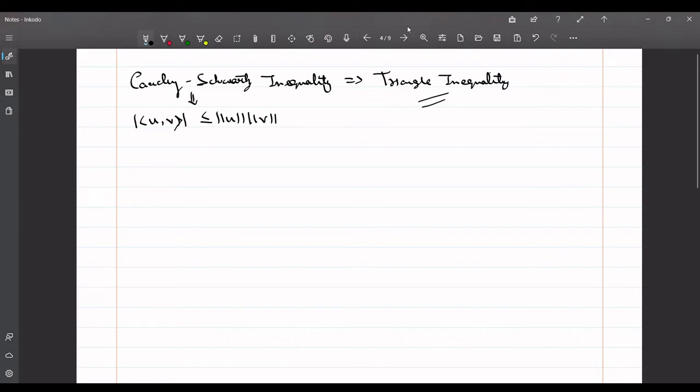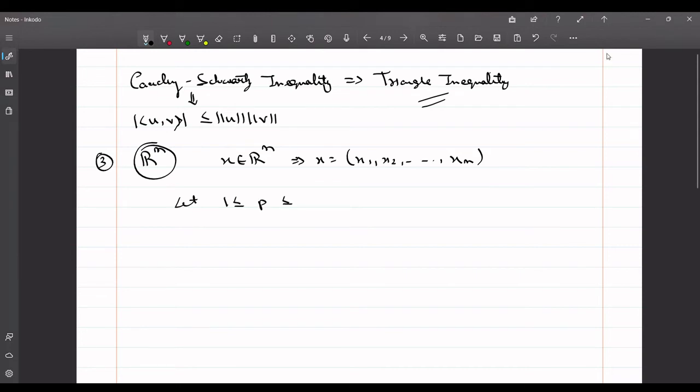As a third example, suppose we take the n-dimensional real vector space, where the elements are n-tuples x1, x2 and so on till xn. Now we define a real number p. It can be infinity as well, because we define two cases, one for it being finite and one for it being infinite.